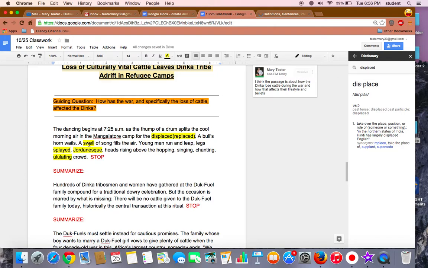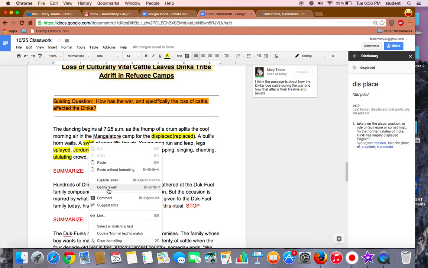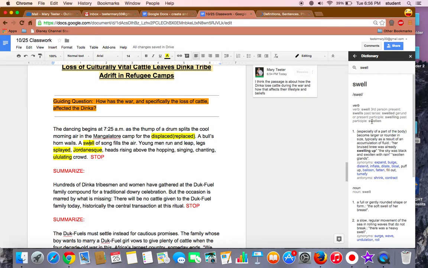Swell means becoming larger or rounder or expanding. Synonym means expanding. So a swell of song, maybe that just means the song is getting bigger or louder. So I'm just going to put that. Louder.